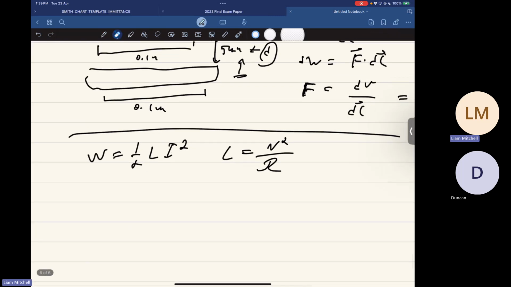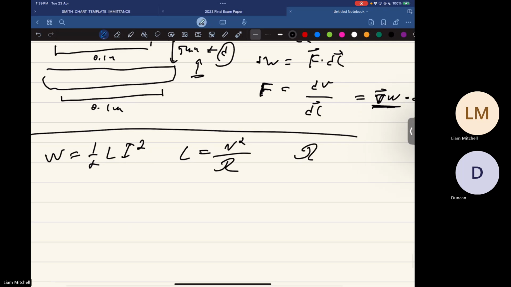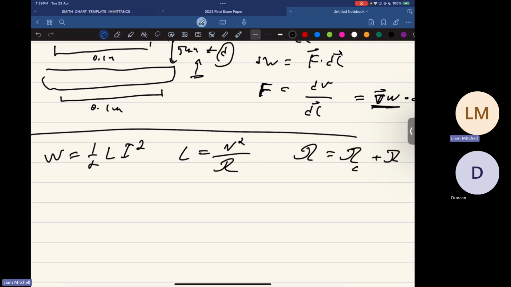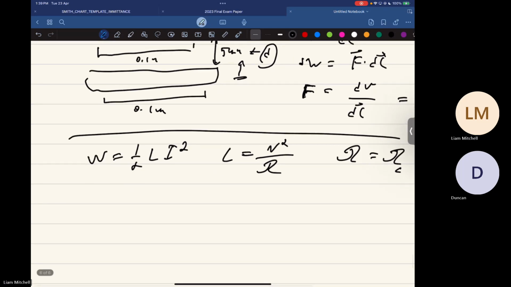So our reluctance is the sum of the reluctance of the core plus the reluctance of the air gap. And reluctance is given as length over mu times area.